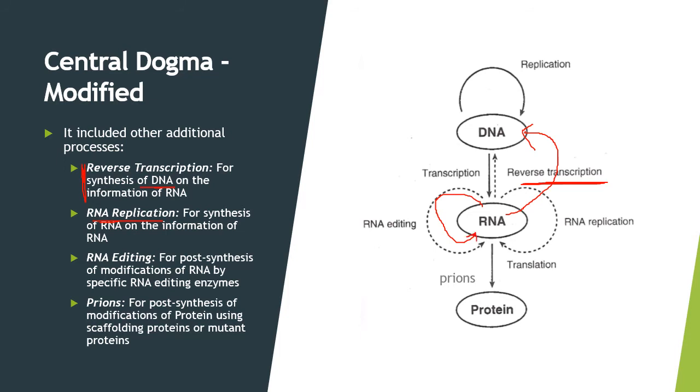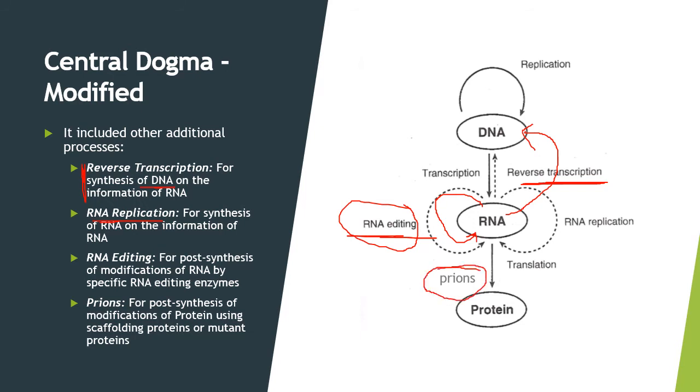Then there is another process, RNA editing. RNA editing is utilized in certain specialized cells where the RNA, after synthesis, is modified and edited into a mature RNA. So this process is also added to the central dogma. And finally, the concept of prions.